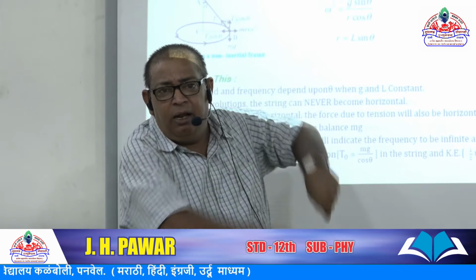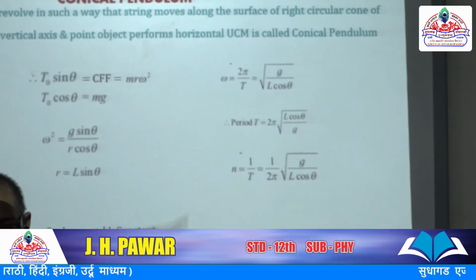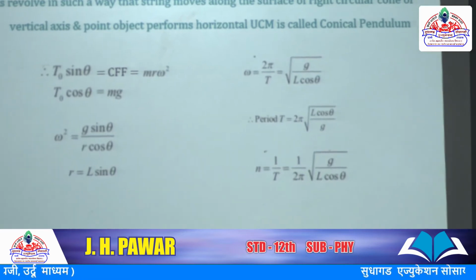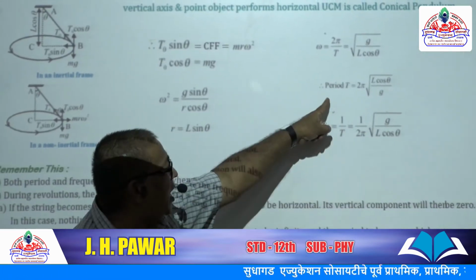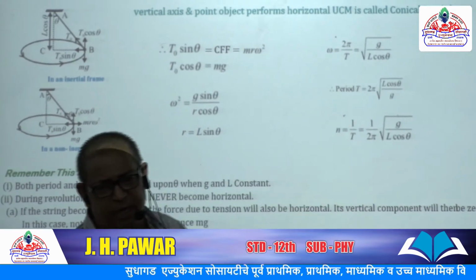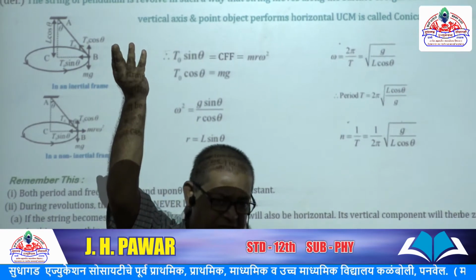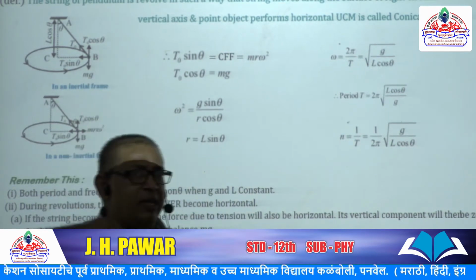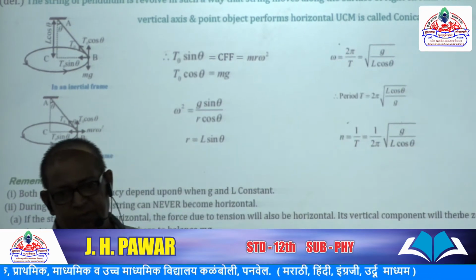So in Delhi, G increases and the period decreases. Means when the place changes, G changes on the earth, and the period of the conical pendulum also changes. Another aspect: as altitude increases, G decreases and the period increases.